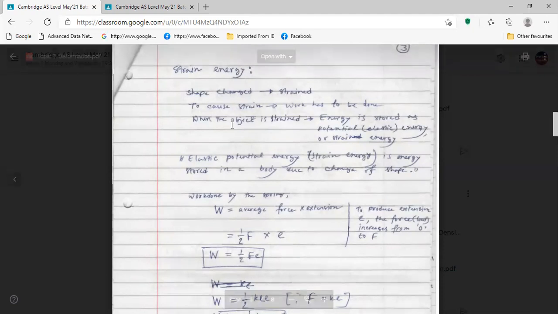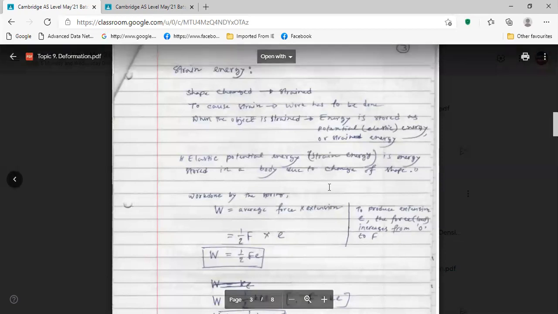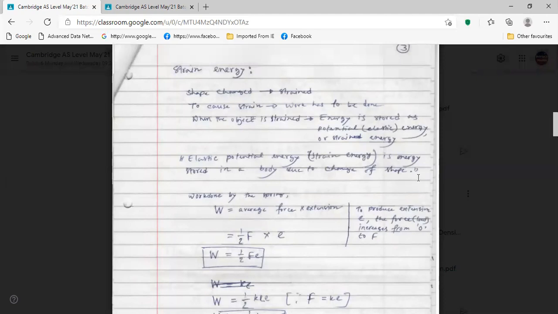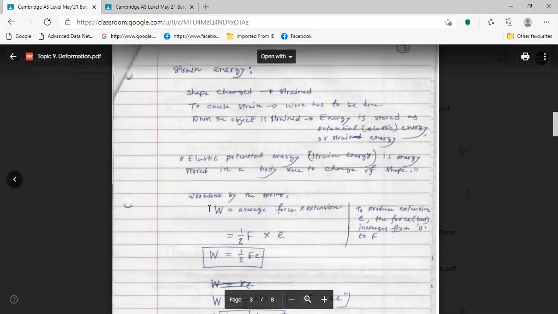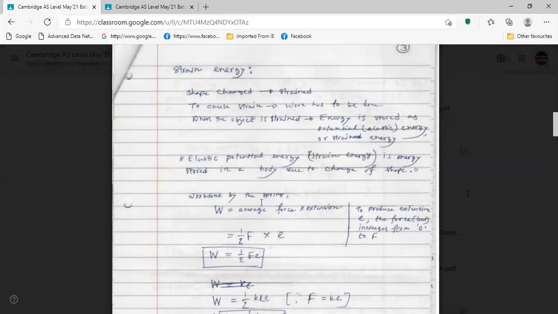Then you finish writing this definition, elastic potential energy. You write this formula. Work done by the spring equals average force into extension.